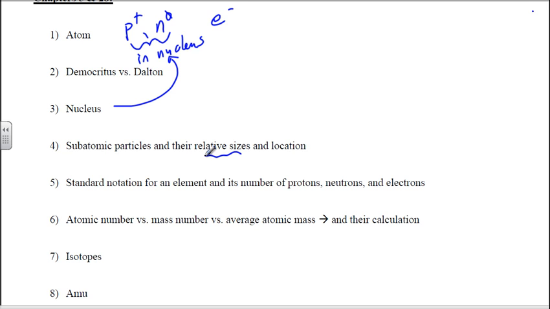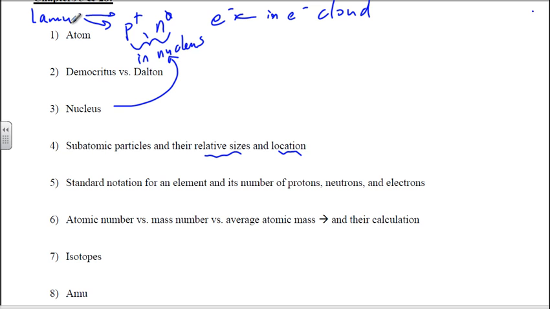Relative sizes with that and location. So protons and neutrons again in the nucleus. Electrons are in the electron cloud. You have to realize that it's a cloud. It's not like a container that they're found in, like the nucleus is thought of. Okay? Sizes, know that protons and neutrons are both 1 atomic mass unit in size, or 1 AMU.